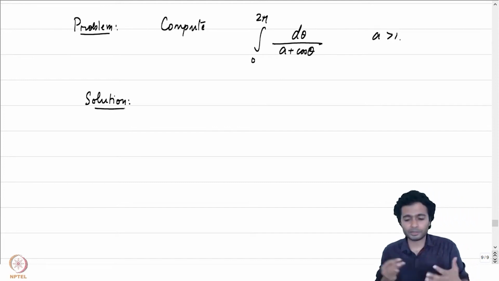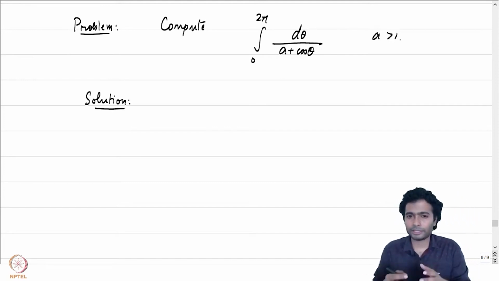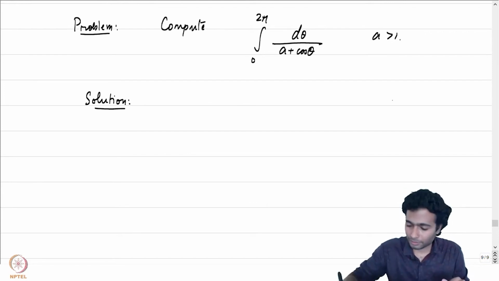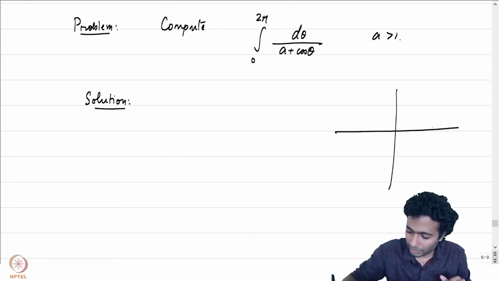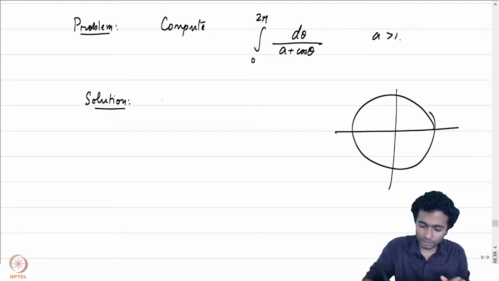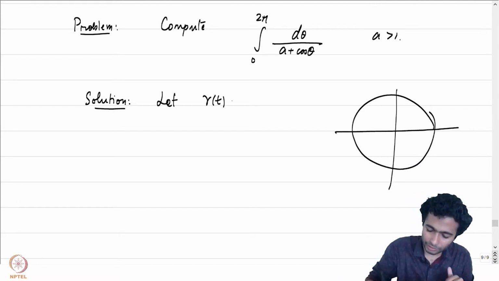However, let us reduce this integral to an integral on the complex plane. To do that, let us look at the unit circle. Let gamma of t be equal to e to the power it for t in 0 to 2 pi.